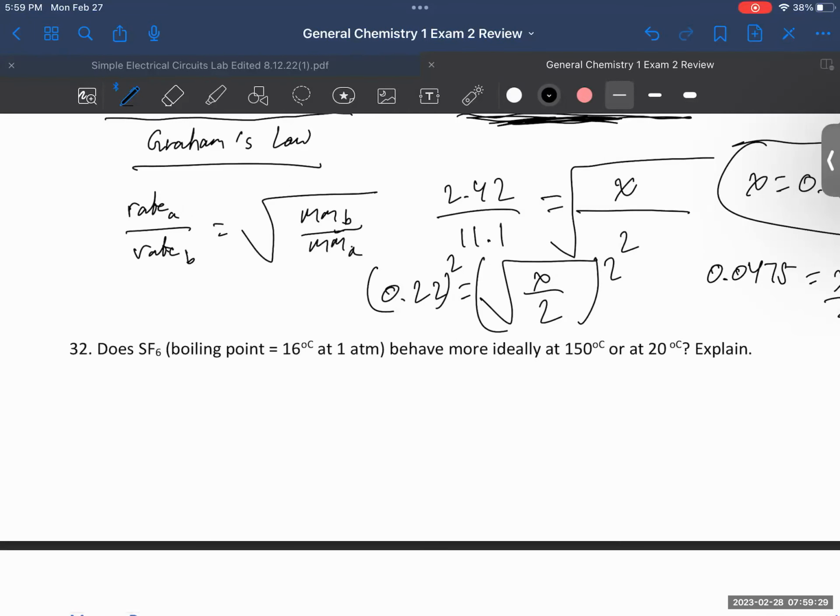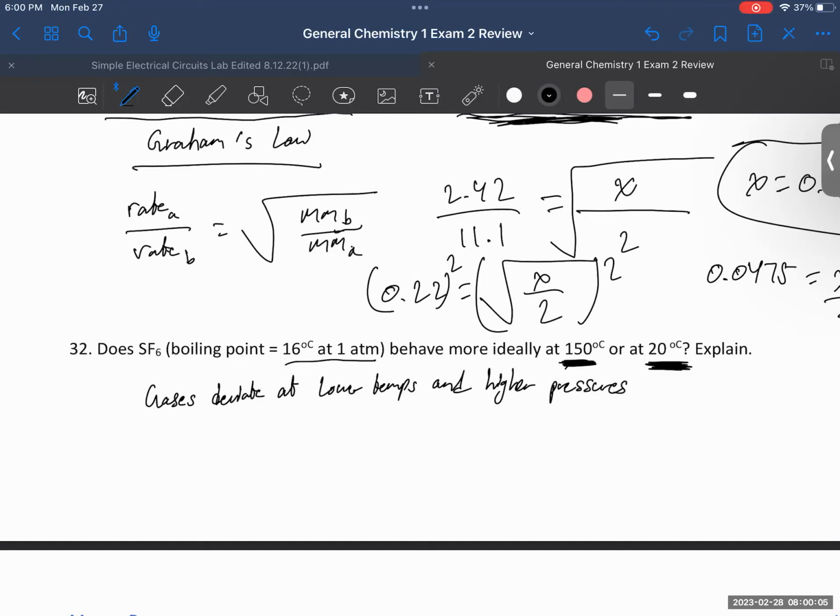Does SF6, at its boiling point at 1 atmosphere, behave more ideally at 150 degrees Celsius or at 20 degrees Celsius? So have y'all learned when gases deviate from ideal behavior? No? Okay. So gases deviate at lower temperatures and higher pressures, basically.